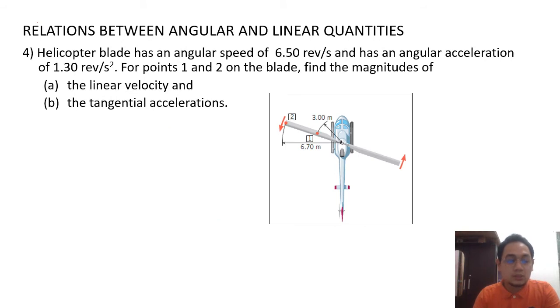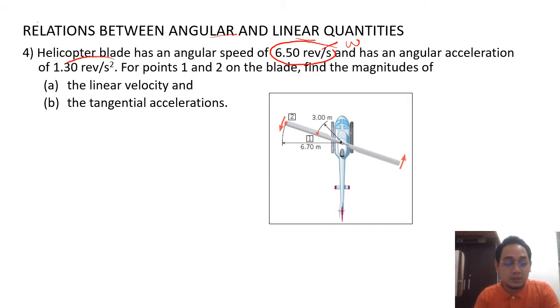Okay, next question number 4, which is about relations between angular and linear quantities. In this question, a helicopter blade has an angular speed of 6.5 rev per second. So you have been given omega. And it has an angular acceleration of 1.3 rev per second squared.